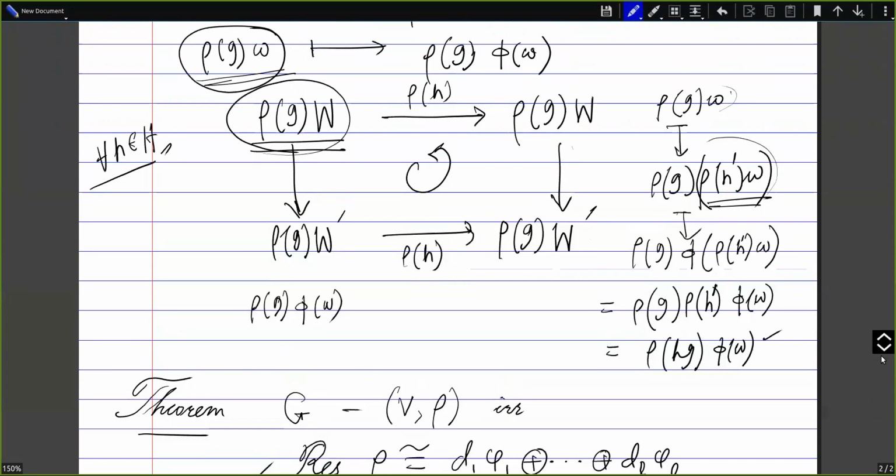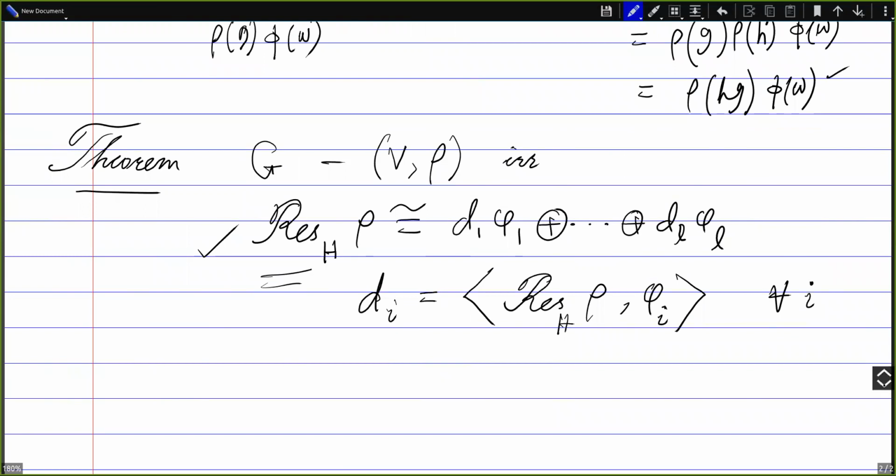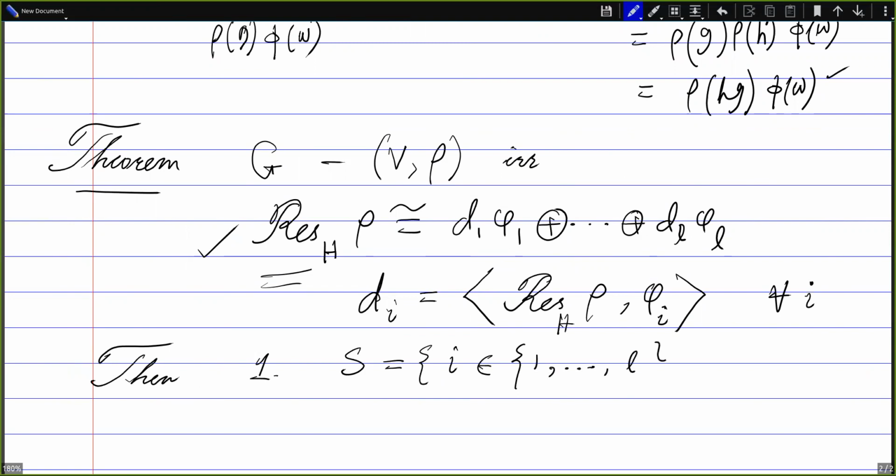Now Clifford's theorem says that all the sub-representations... let me write it somewhat more formally. Let S be the set of all i's such that di is non-zero.